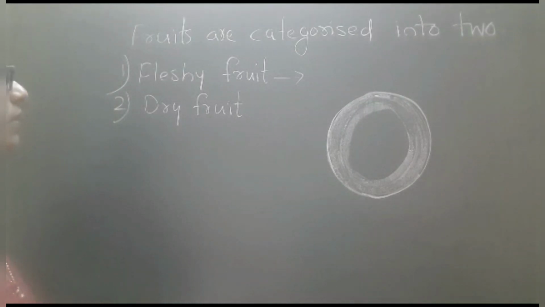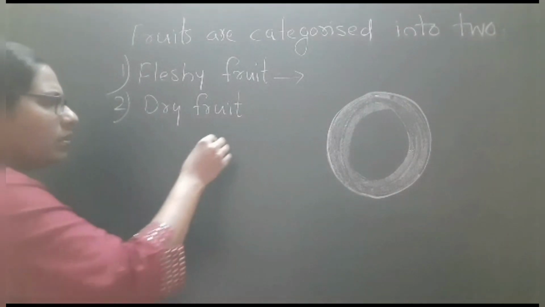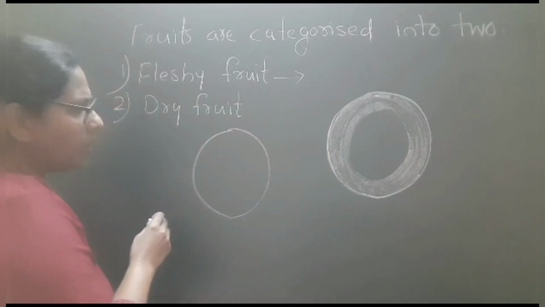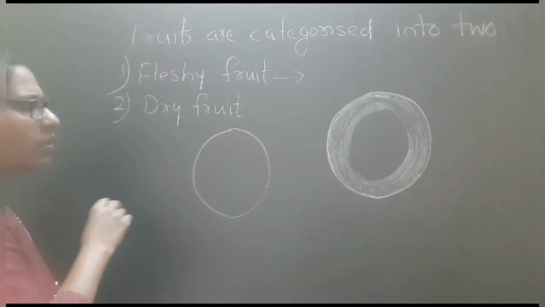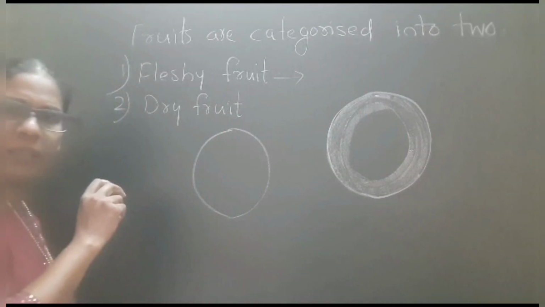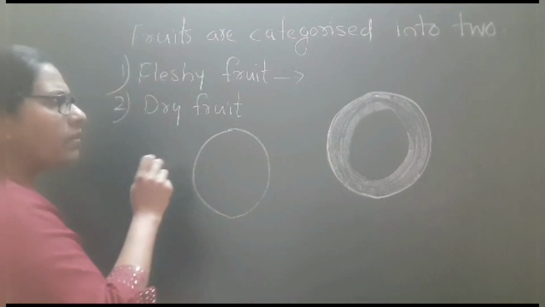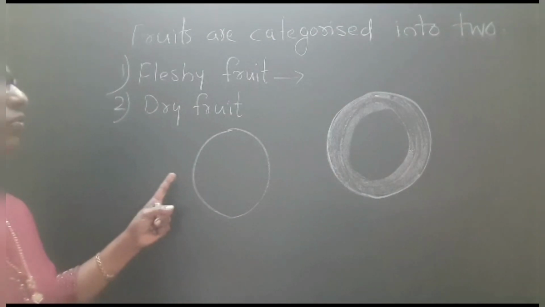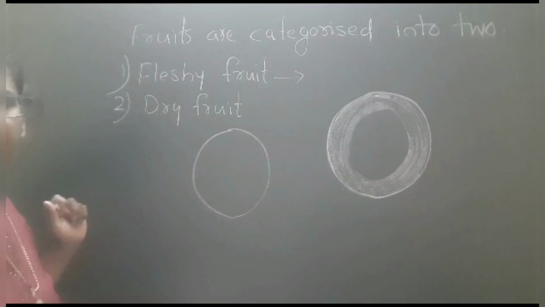There are some fruits which are dry fruits. The pericarp of the ovary is dry and thin. In fleshy fruits it is thick, but here it is thin. Such fruits are called dry fruits. Example, almond.